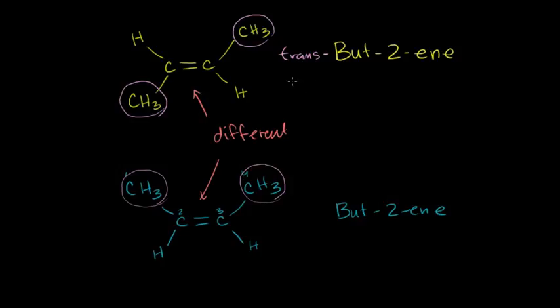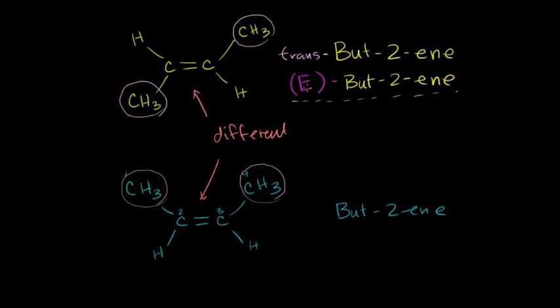The other convention comes from the German for apart, and there we call it Entgegen. And instead of writing out Entgegen, we write E in parentheses. So we would call this E-butene. These mean the same thing. But this is now kind of the standard convention.